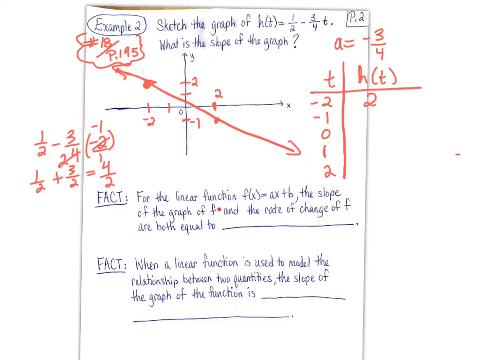For the linear function f of x equals ax plus b, the slope of the graph of f and the rate of change of f are both equal to a, which is the coefficient of x. When a linear function is used to model the relationship between two quantities, the slope of the graph of the function is the rate of change.